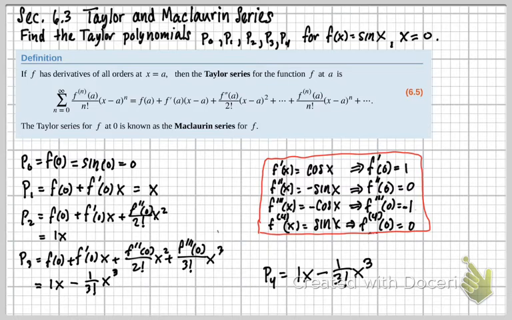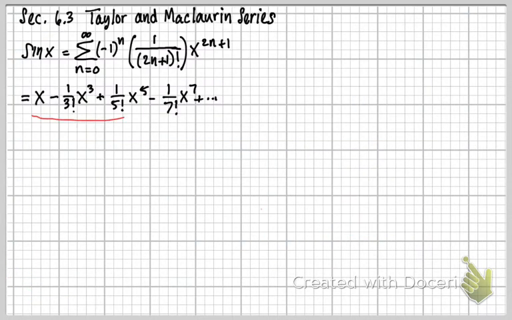So really we just have our P1, P3, which is down here, and then P5 would be those 3. That would be a P5. And then P7 would be those 4.